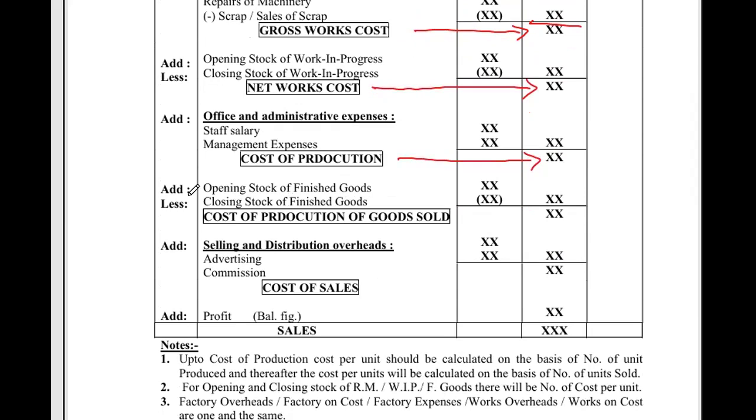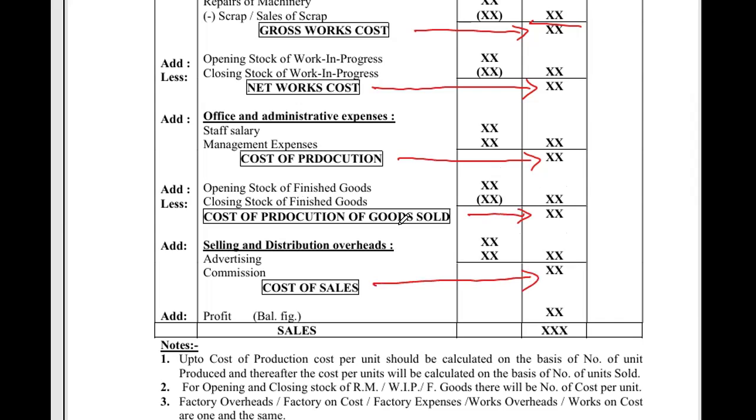Opening stock of finished goods will be added and closing stock of finished goods will be deducted. After that adjustment, we get the cost of production of the goods sold. To that, we'll add selling and distribution overheads. Examples are given: advertising, commission on sales. Adding this figure, we'll get the cost of sales.